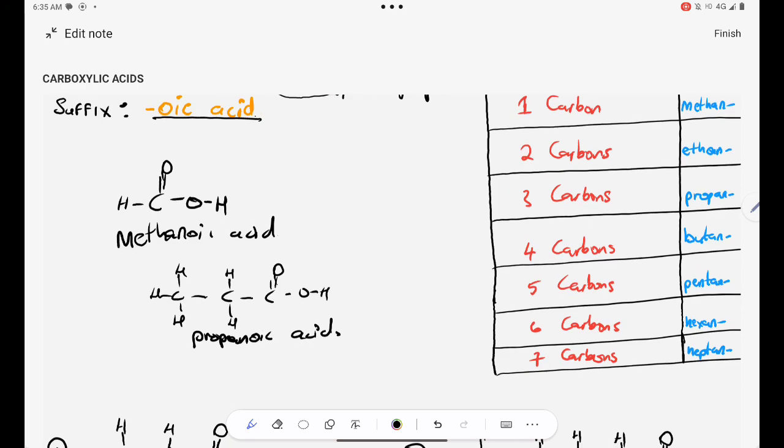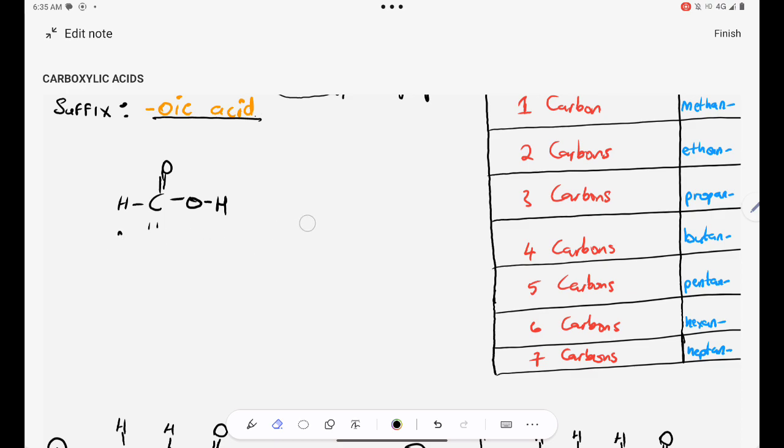Sometimes you are given condensed structures of your carboxylic acids. All you have to do is to convert them into structural formulas and then write down the IUPAC name. Sometimes you are given something like CH3, CH2, CH2, and COOH.